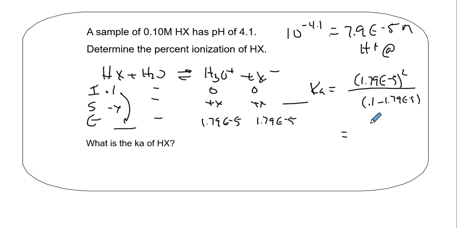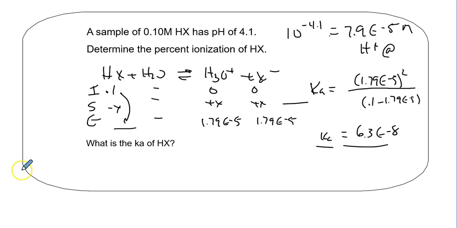I'm going to square that previous thing on my calculator and divide it by 0.1, and I'm getting 6.3 e to the negative eighth. I believe that to be correct. And that would be my Ka value of this particular acid.